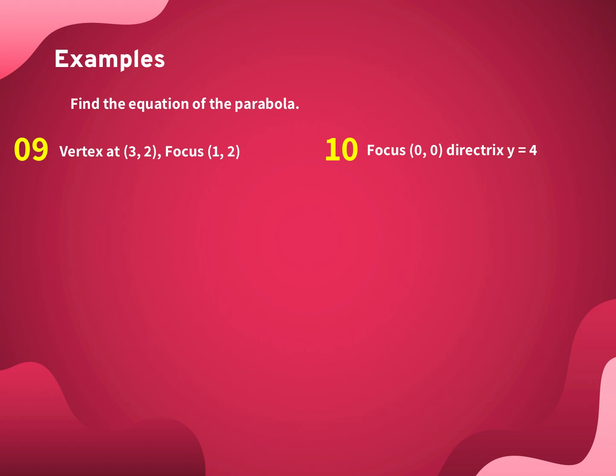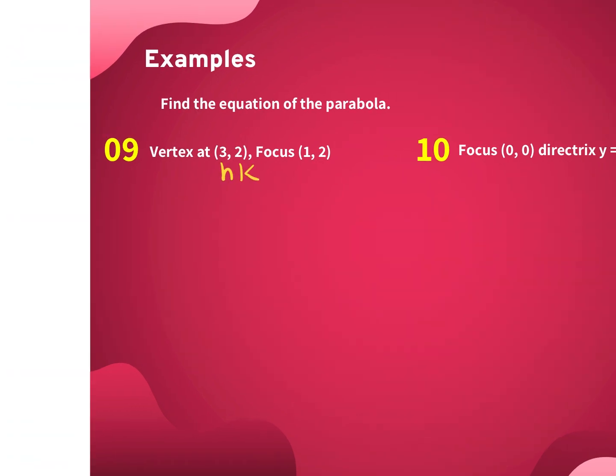Another one. The vertex now is not at 0, 0. So we've got to do the longer equation, hk. So again, let's give ourselves a visual so we know which one. If I graph the vertex, it's going to be +3, +2.